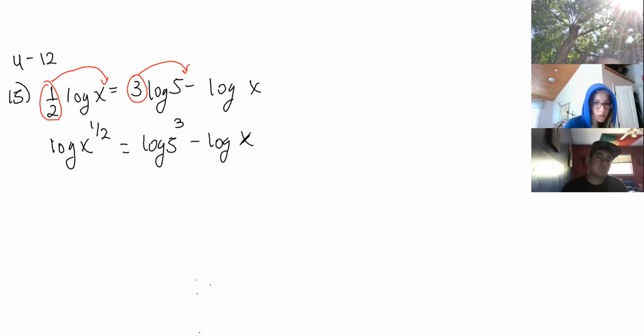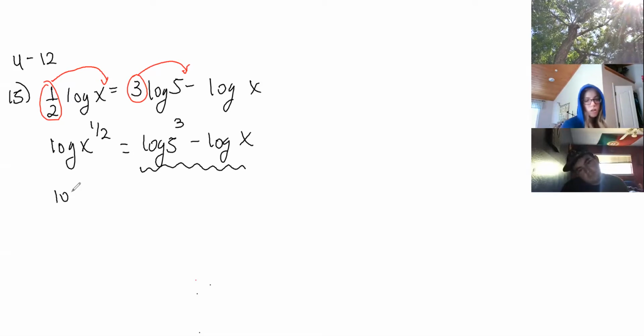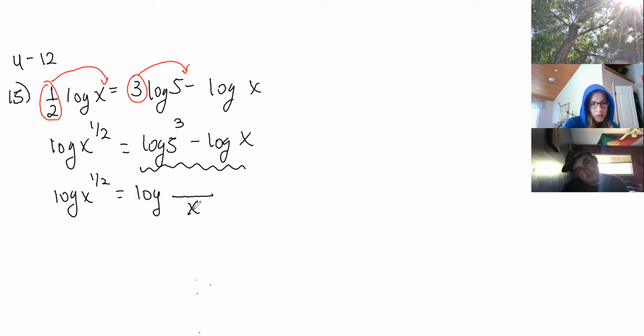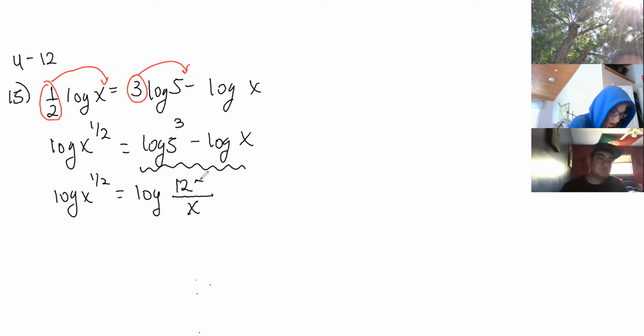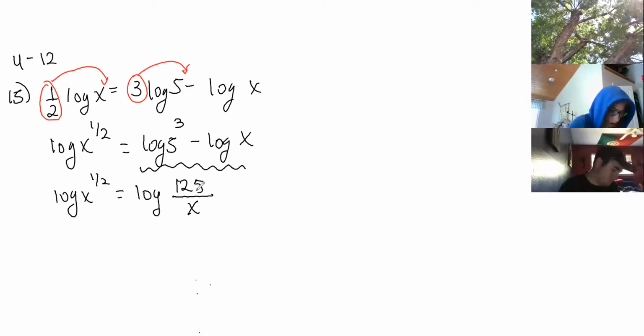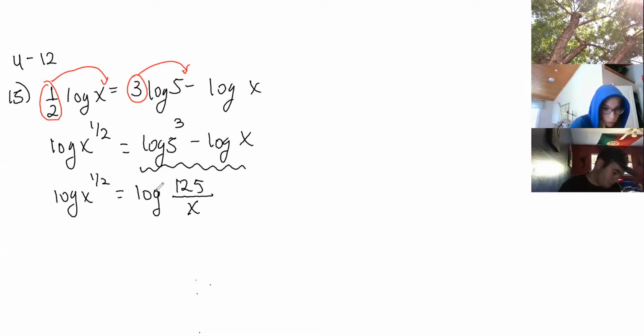And then we are going to combine these two. And when I combine them, because it's a minus, would that be multiplication or division when I bring them together? Division. And what's 5 to the 3rd power? 125.